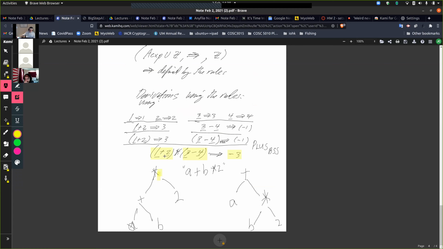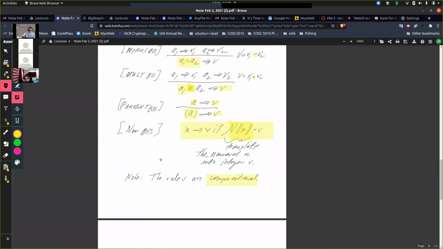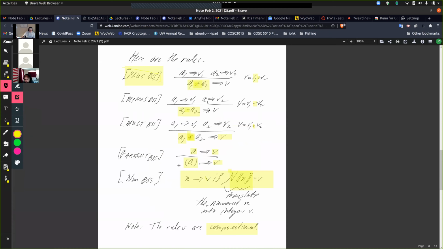I have to wait and see. So I recursively call BSS on this one, and it goes over here, and it says, okay, 1 plus 2. Oh, wait, though, it's got parentheses around it. So the first thing I have to do is apply this rule, paren BSS, to get rid of the parentheses.